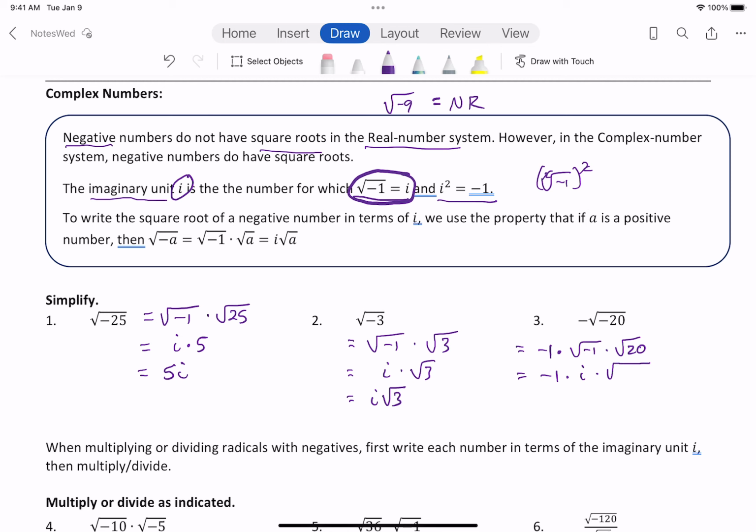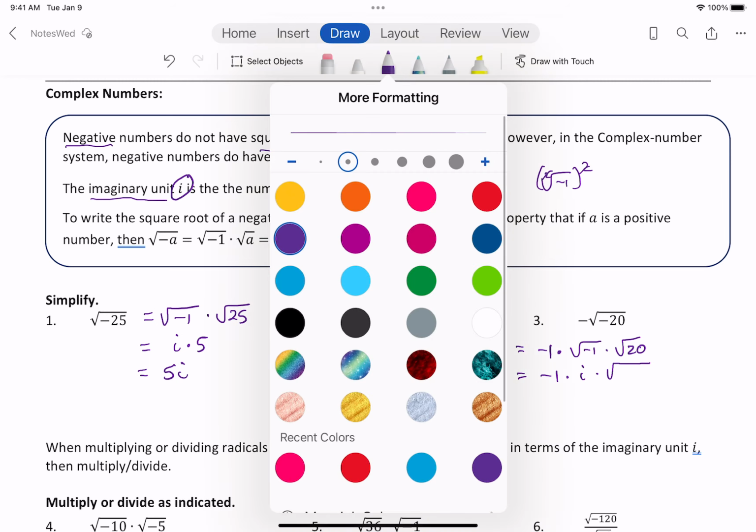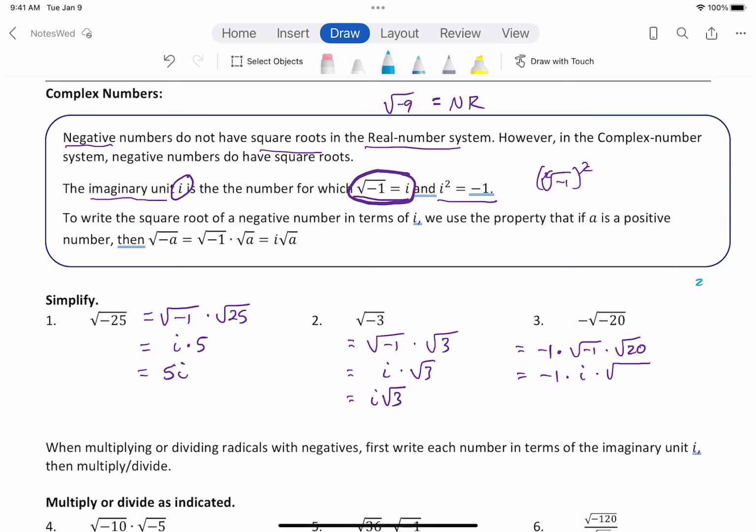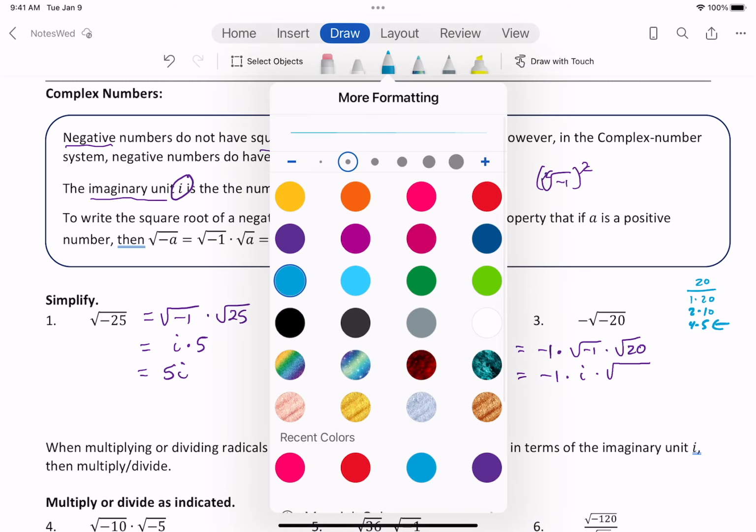We have to be careful here because 20, while not a perfect square, can be simplified, right? So if you need to, go over on the side and make your list of factors until you find the one that has a perfect square.